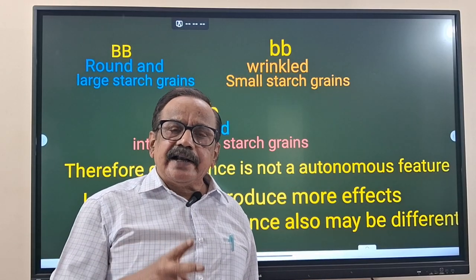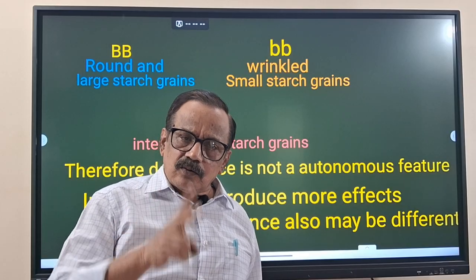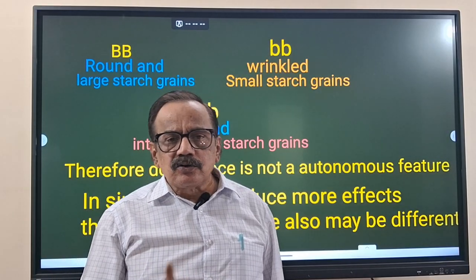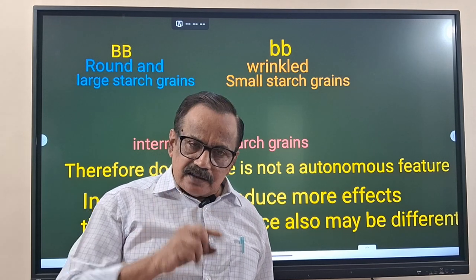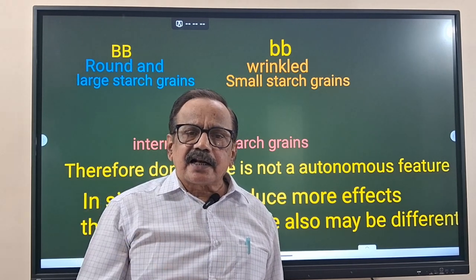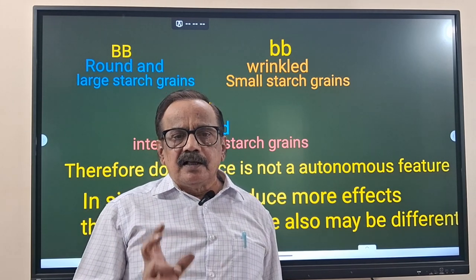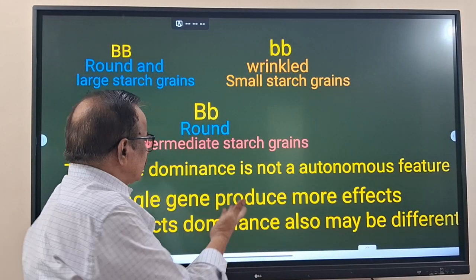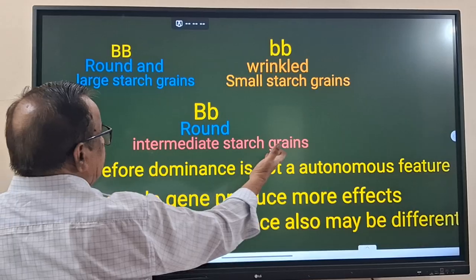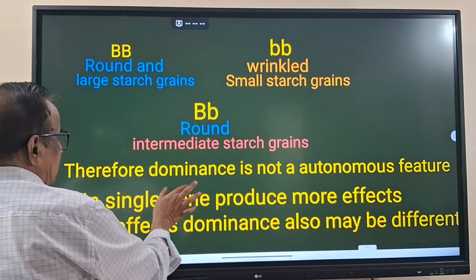Two characters are maintained by the single gene, even though they differ in dominance. In one character it acts as dominant, and in the second character it works as incomplete dominant. That is the thing. It is very easy. So intermediate starch grains.